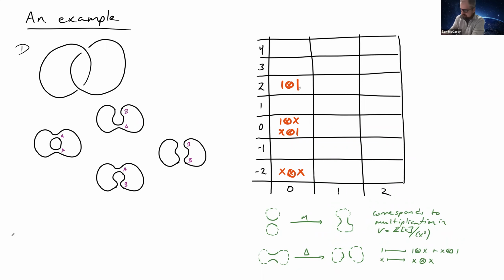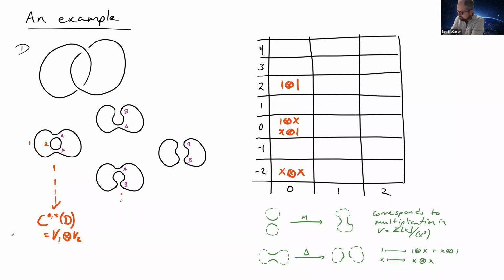Those 4 elements generate what we're going to call C0 star of D. We're going to think of this as V1 tensor V2, where the subscript on the V is just indicating that it's a copy of V that goes with the first circle and the second circle. We're going to think of these circles as having an order here.